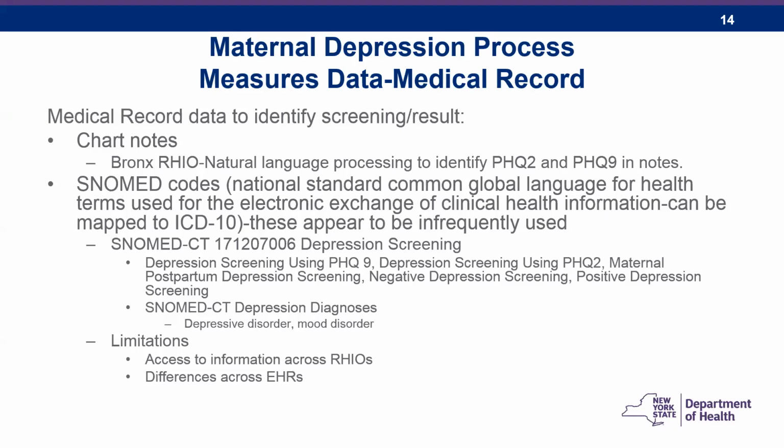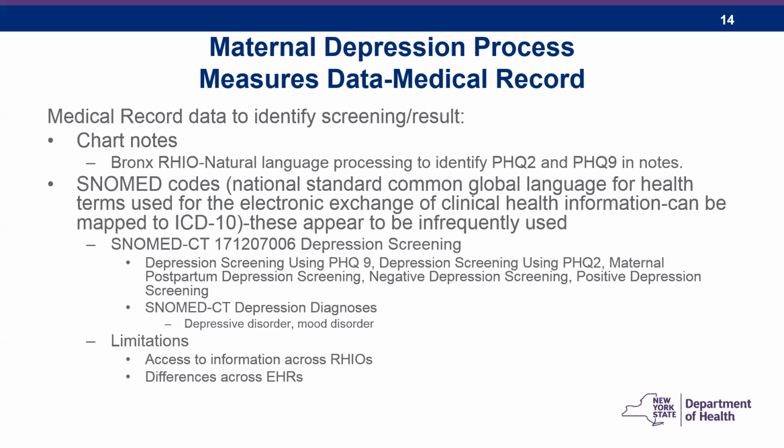SNOMED codes are something that I'm in the middle of trying to do more research on. That's a national standard language for health, electronic health information. The National Library of Medicine put it out several years ago, I think 2013. It's supposed to be universally used, and it used to be part of meaningful use nationally.